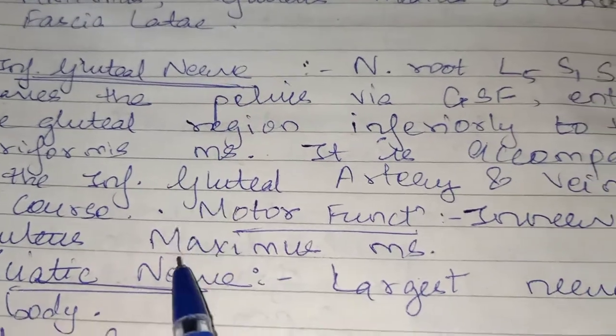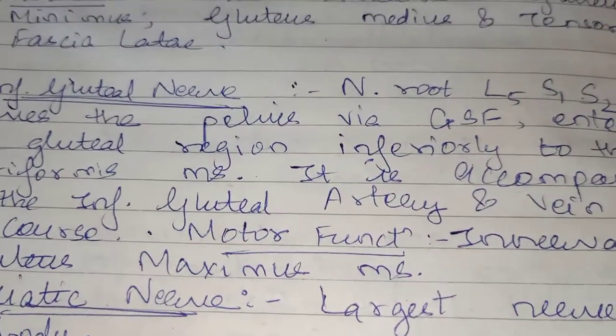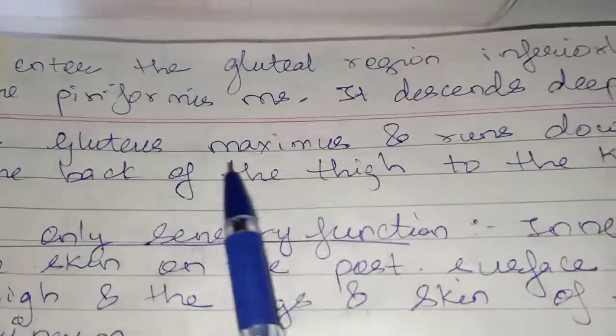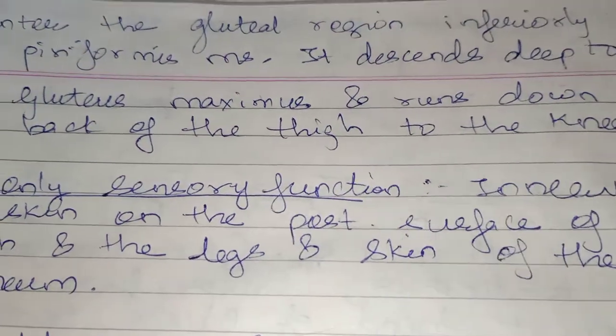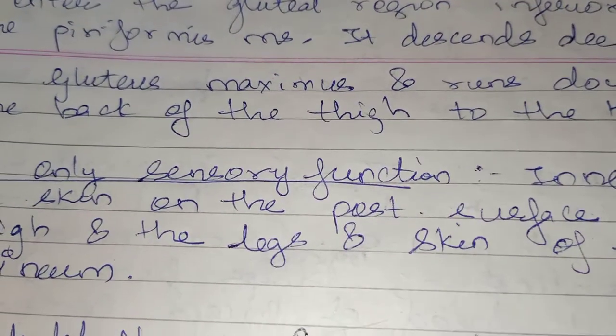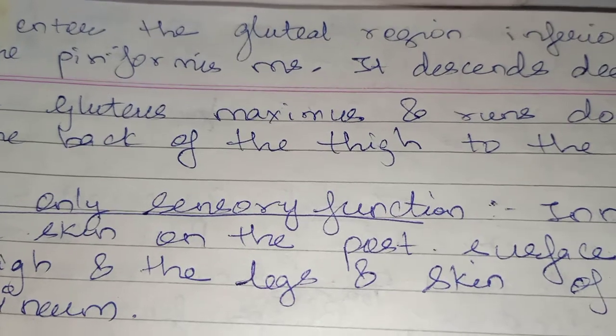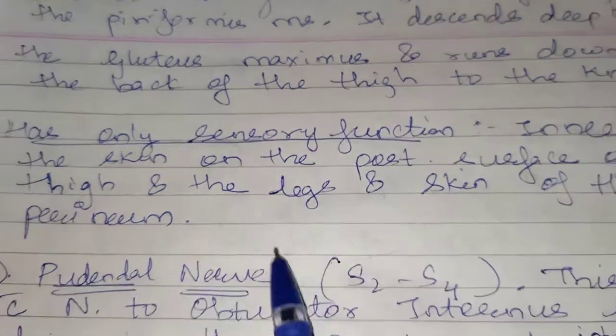So this nerve, the posterior femoral cutaneous nerve, will pass through the gluteus maximus and run down and supply the back of the thigh up to the knees. Remember it is going inferior to the piriformis.